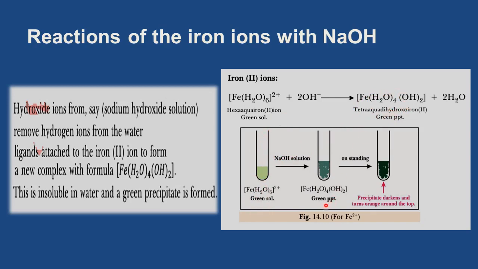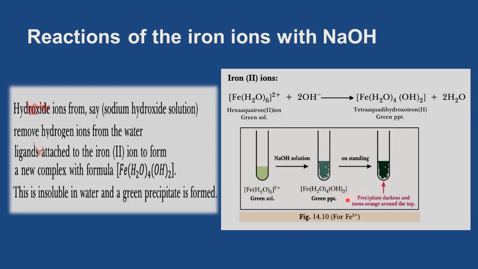Now why is it so? Because when it is placed in this test tube, after a while the iron 2 ions will get converted into iron 3 ions, and the color change is going to indicate that iron is changing its oxidation state from +2 to +3.